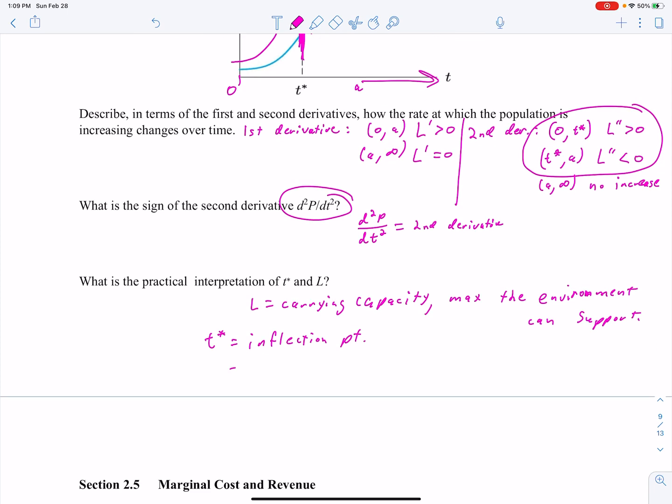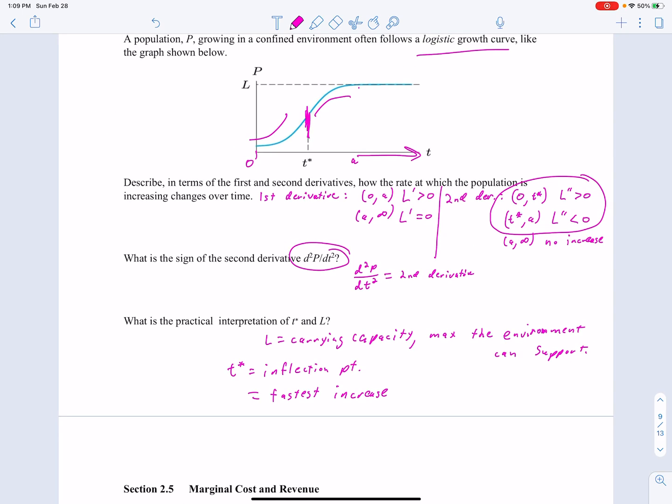That is also known as the point of fastest increase. That's where your first derivative is going to be the highest on that interval. So again, an inflection point is where concavity changes, the curvature changes.